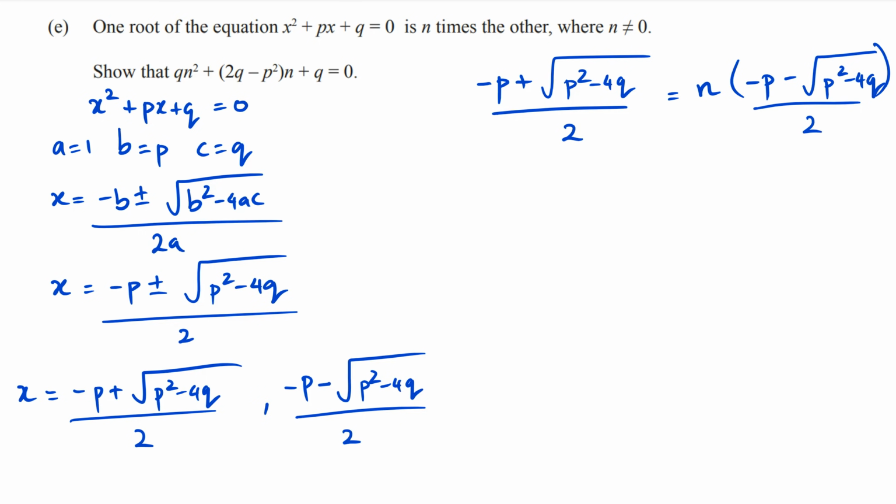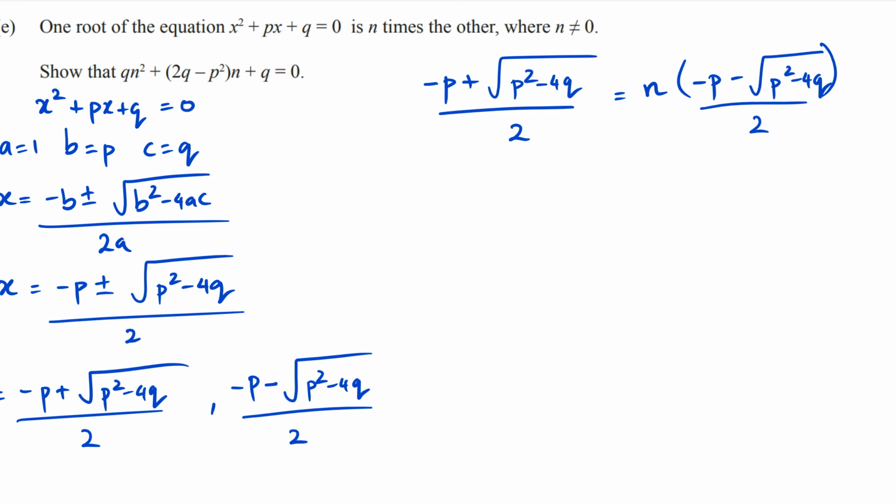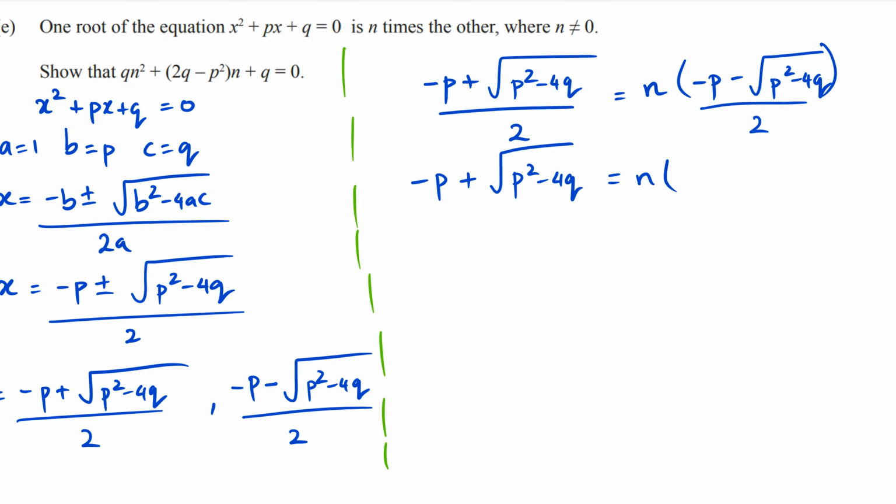Now the first thing to understand is that because both of these fractions are being divided by 2, we can forget about the 2 and just rewrite this as minus p plus the square root of p squared minus 4q equals n multiplied by minus p minus the square root of p squared minus 4q.